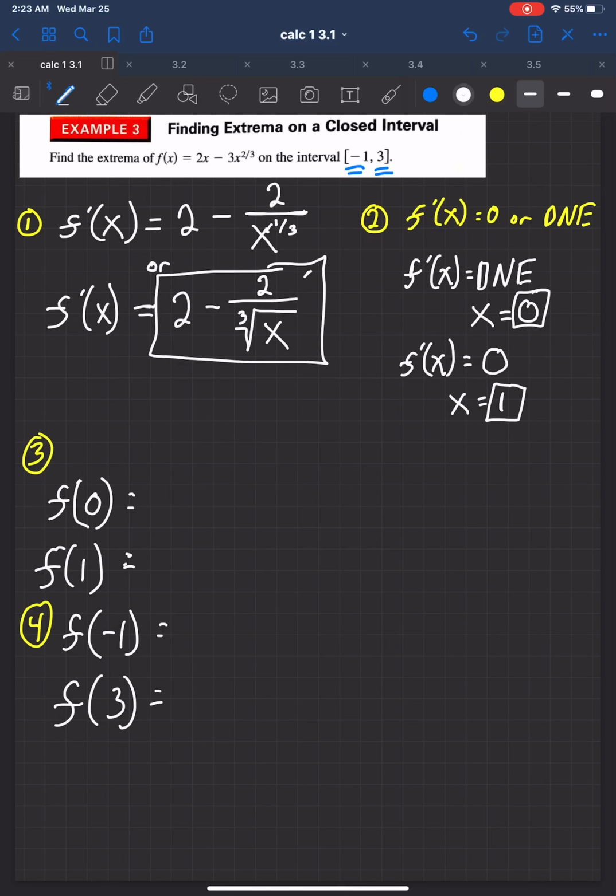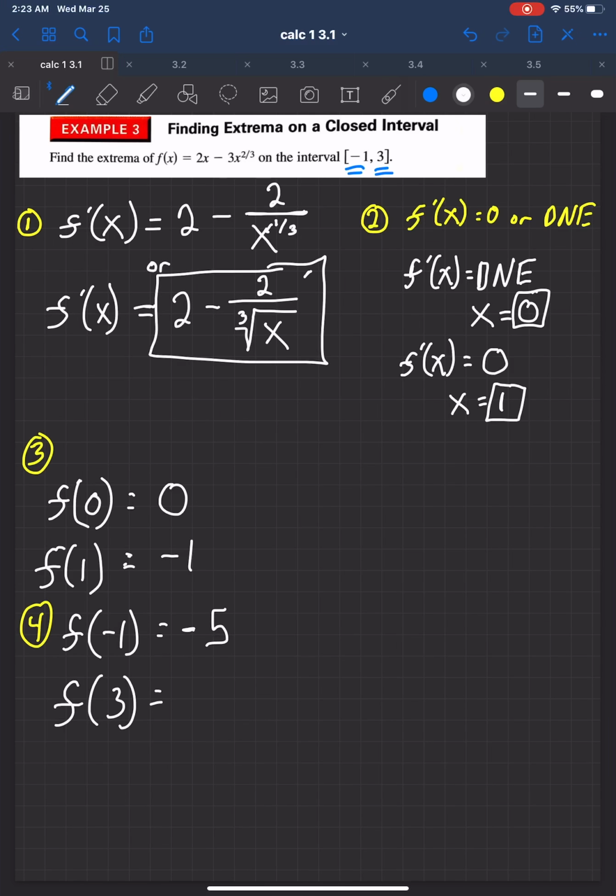All right, so let's see what comes out of this. If you plug a 0 in for your original function, you get back out a 0. If you plug in a 1, you get out a -1. Now, if you plug in a -1, you get out a -5.